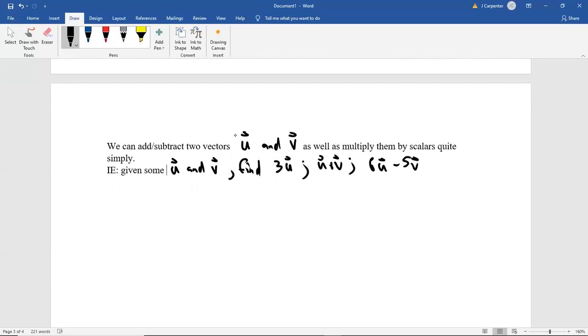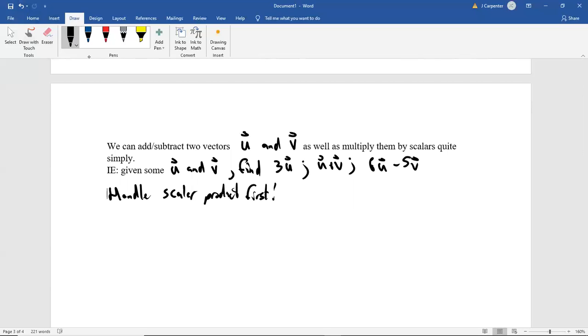The only thing that we really have to worry about is handling the scalars first. Why? Because PEMDAS. That 3 or the 6 or the negative 5 up there is a distribution, and we distribute before we combine like terms. PEMDAS, multiply before adding and subtracting.